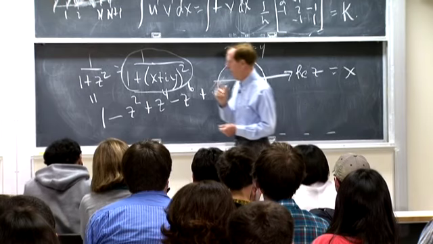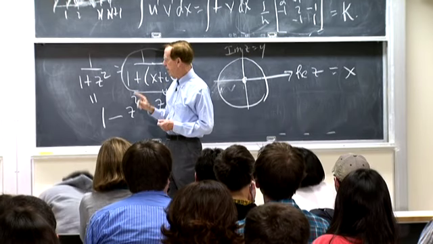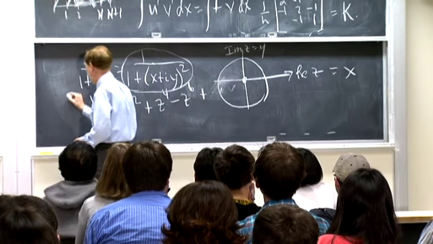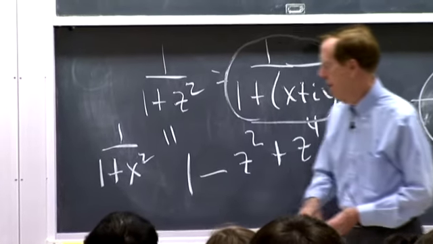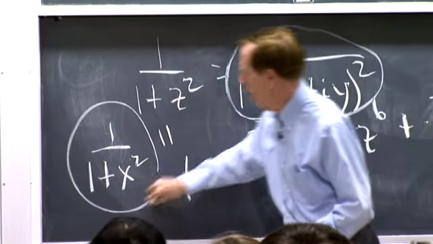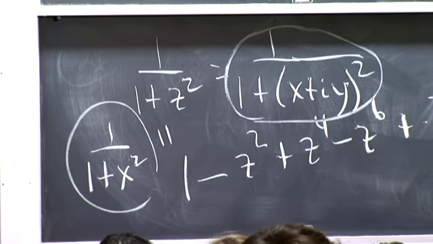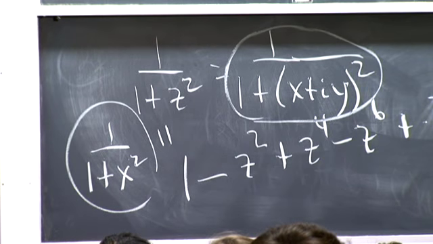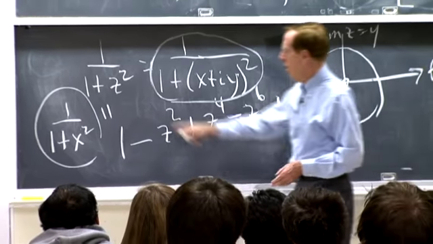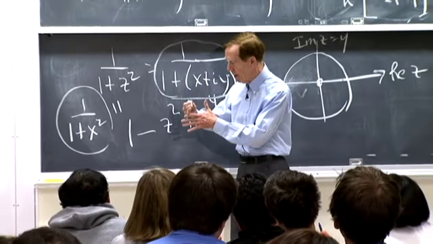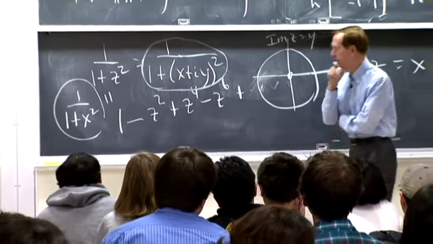Now, here's my point. If I think of 1 over 1 plus x squared, look at that for a minute. That function has no problems at all, right? You can let x be anything. It's no trouble. But 1 over 1 plus z squared, when we look in the complex plane, we find a problem.